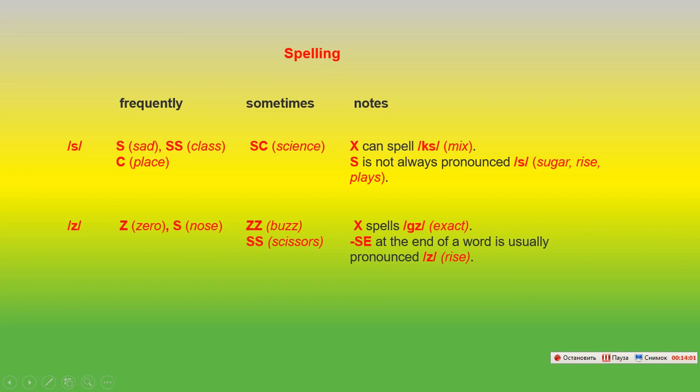Notes, X can spell X, mix. S is not always pronounced as S. For example, sugar, rice, plays. X spells X, exact. SE at the end of a word is usually pronounced as Z, rise.